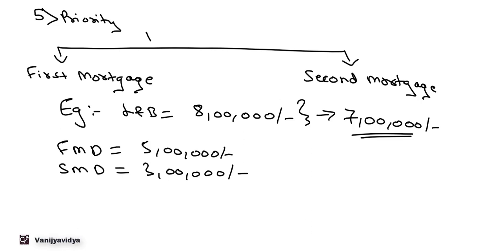Out of this 7 lakhs, 5 lakhs will first be paid to first mortgage debentures, and the remaining 2 lakhs will be used for paying the second mortgage debentures. So first mortgage debentures have the first right and second mortgage debentures have the second right. So this was about what is debentures, and what are the various types of debentures.